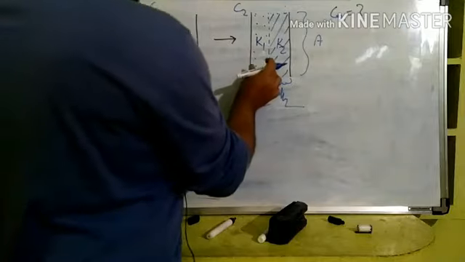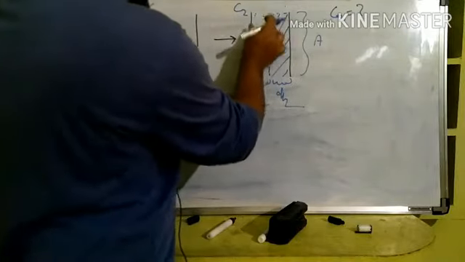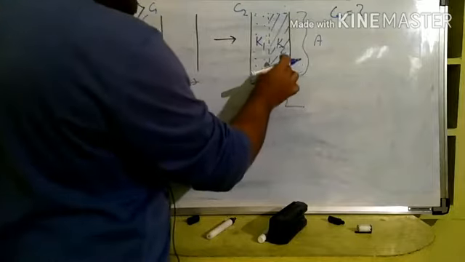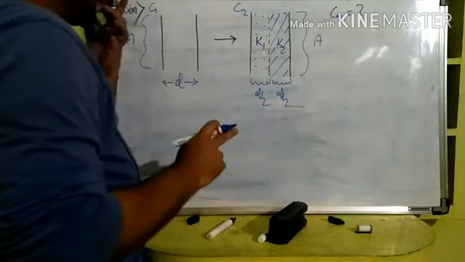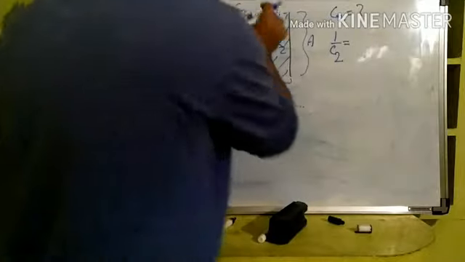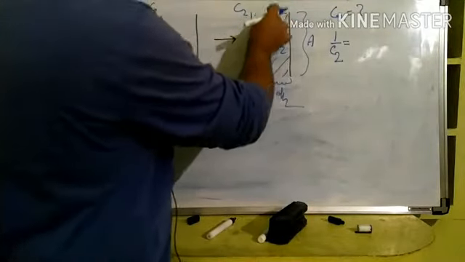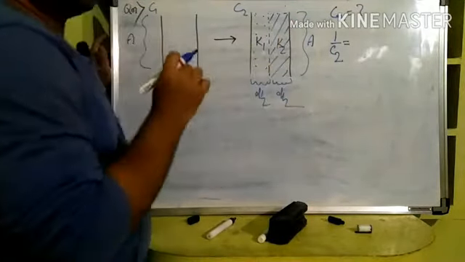Now see, you can imagine that the left part is one capacitor and the right part is one capacitor, and the two capacitors are in series. If two capacitors are in series, we have the formula 1 by C2 is equal to 1 by the capacitance of this side plus 1 by the capacitance of this side, right?